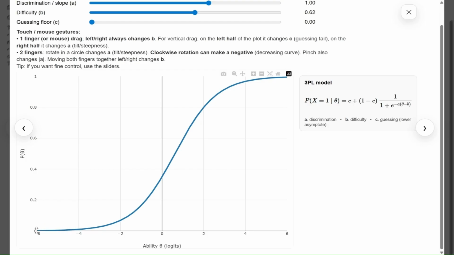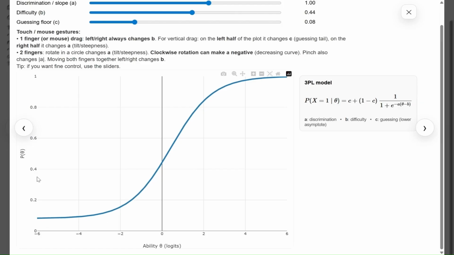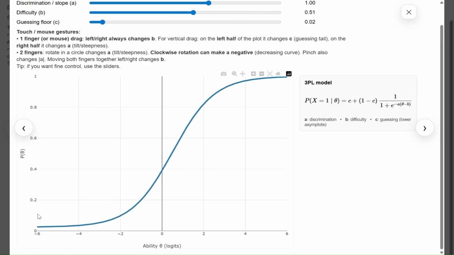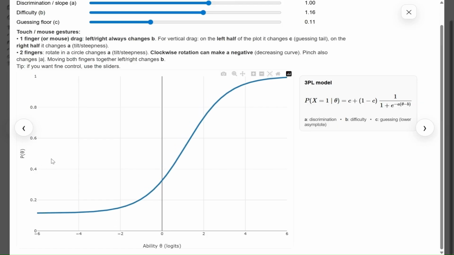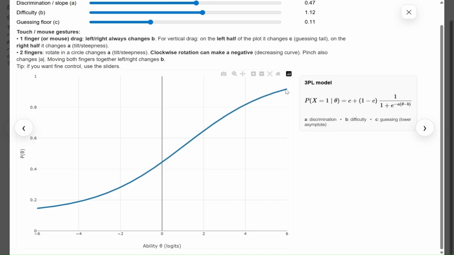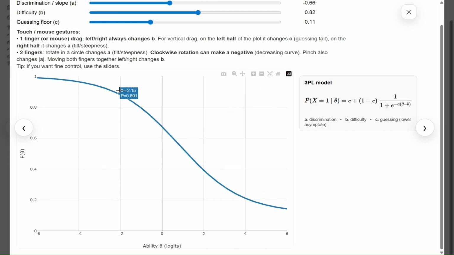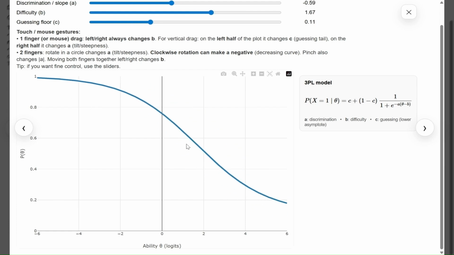Okay. So the three parameter logistic changes by guessing, and also the slope can change like this. Look how the slope can change, and guessing also here will change in this way. And of course it can change by difficulty.